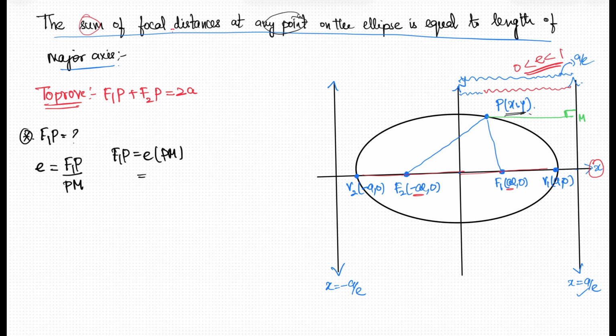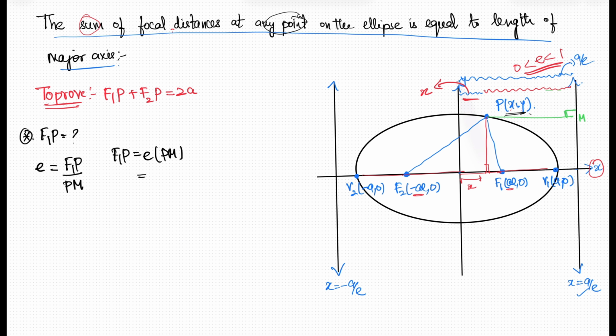Now the problem is to find the distance from here to here. One should not get confused that it is going to be ae, because if I draw a line perpendicular from P to the axis, they are not the same points. So you cannot claim this distance to be ae. Since the point is (x, y), the distance from here to here is going to be x. Now the problem is to find this red colored line distance.